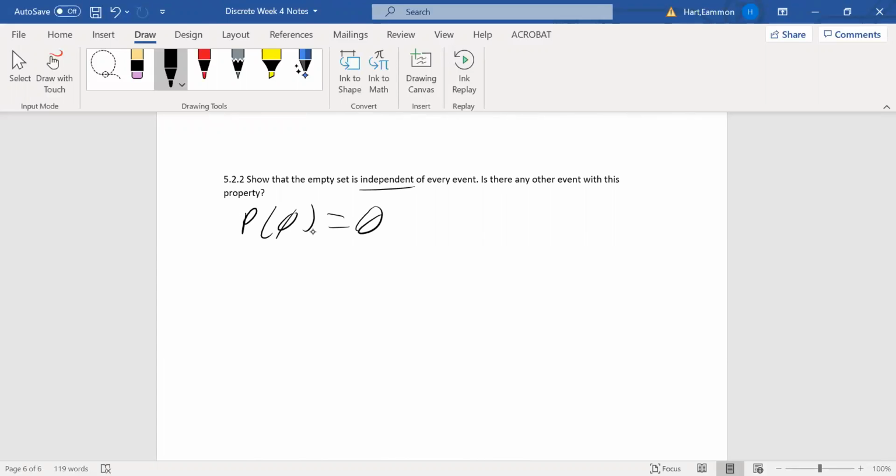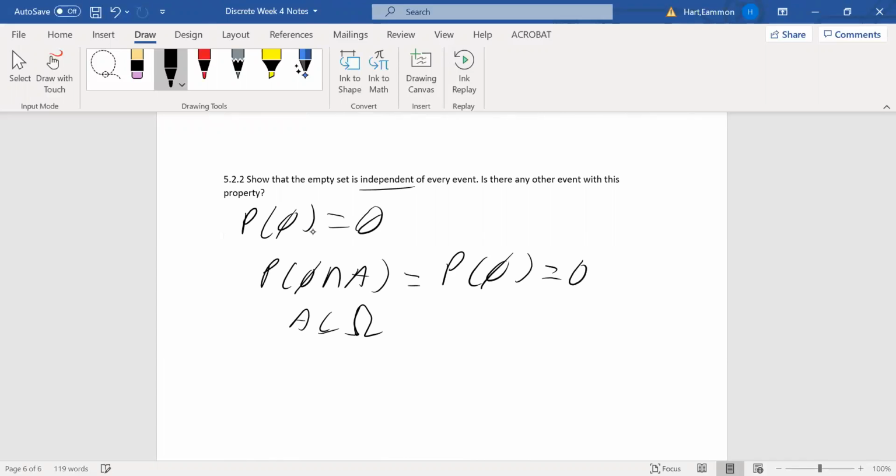So if I have the probability of the null set intersect with A, where A is a subset of omega, then that's going to be just equal to the probability of the null set, which is 0, because the null set is their intersection, which is equal to 0 times the probability of A. So therefore, it satisfies independence.